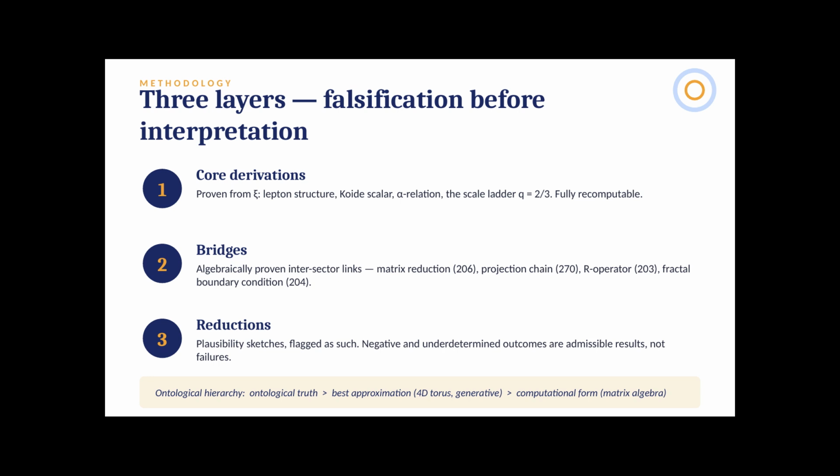Layer 2, the bridges, connections to outside frameworks, proved algebraically, rigorous, but with no claim to being ontologically primary. Layer 3, the sketches, plausibility explorations, consciousness, DNA parallels, cosmological analogies, clearly labeled as sketches, never as proofs, and nothing in layers 1 and 2 leans on layer 3. Negative results count as legitimate outcomes. Anyone who only ever publishes their wins hasn't understood the method.